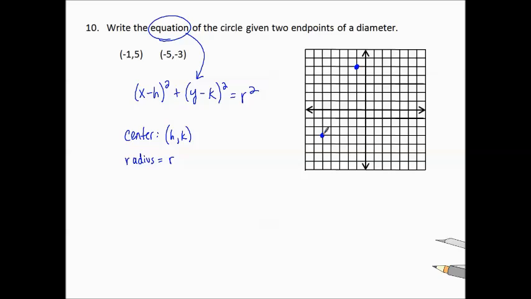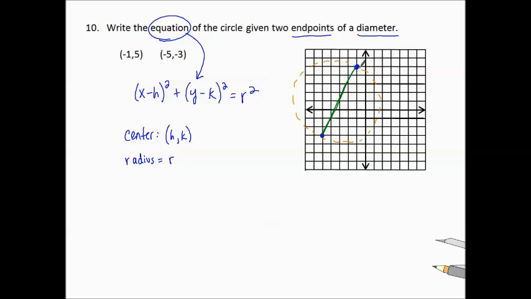So remember that these are the endpoints of a diameter. From here all the way to here, that's our diameter. So where is the center of the circle going to be? Because we need that. If that's the diameter, imagine the circle is going something like that. Again, just a rough sketch.